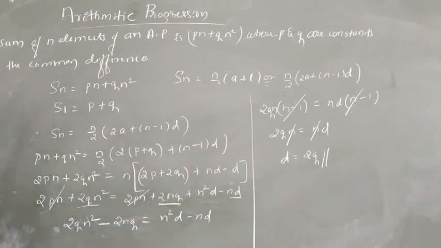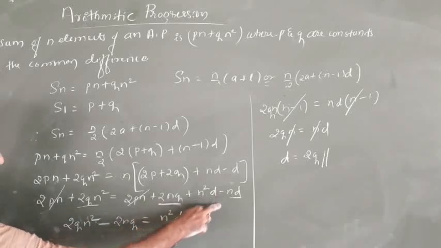Okay. So now solve it and come. Take the 2 to the LHS. Then I multiply this n inside the bracket, then I get these terms. So here 2pn gets cancelled. Then I can make the combination. Take 2qn square. I have taken this minus, if I take the plus 2nq to the LHS, then it is minus 2nq.